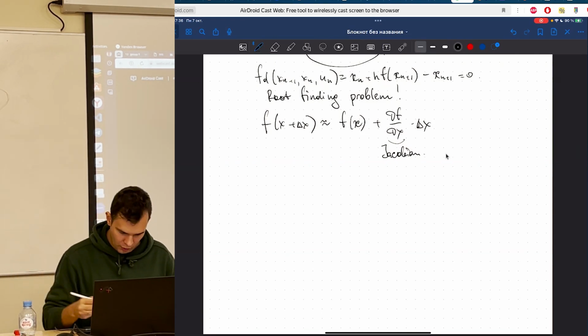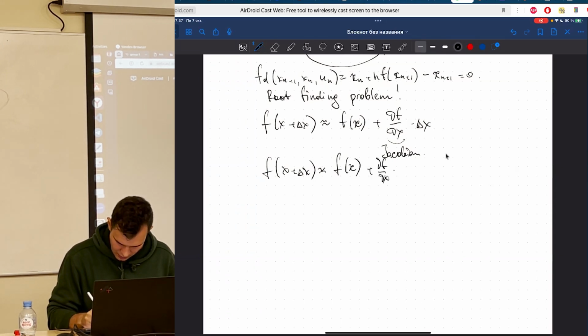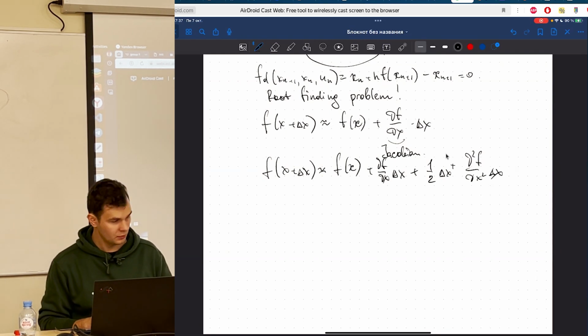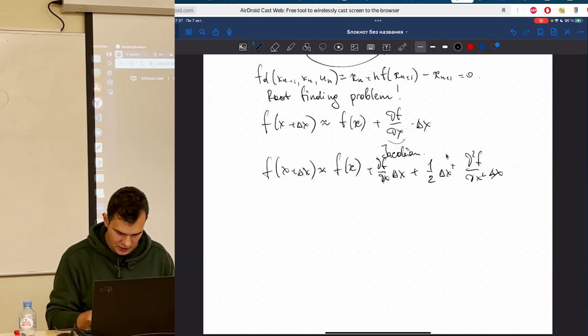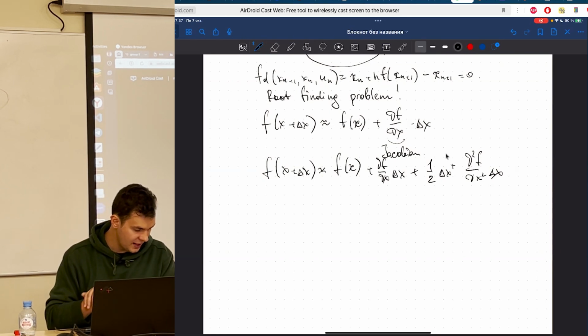You can go on and add an extra term, and it will look something like this. But we're going to stick with only two terms to make the system easier.